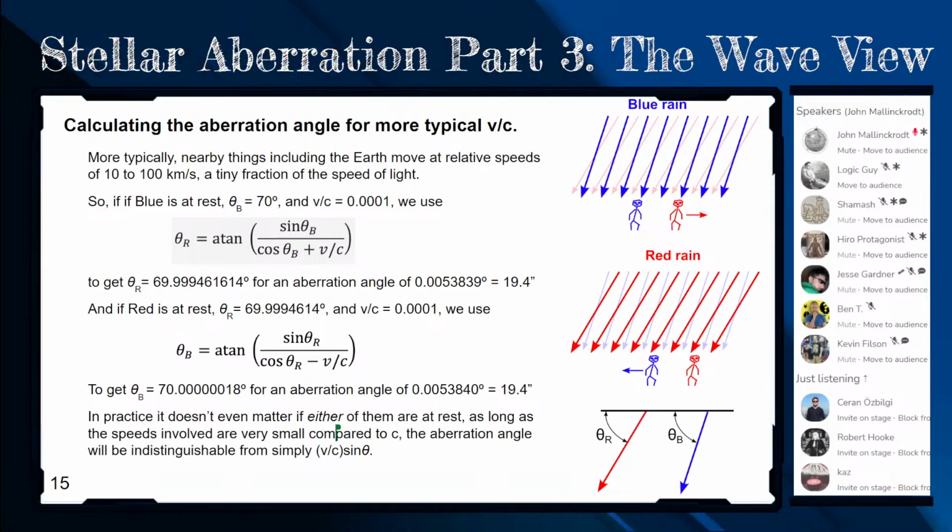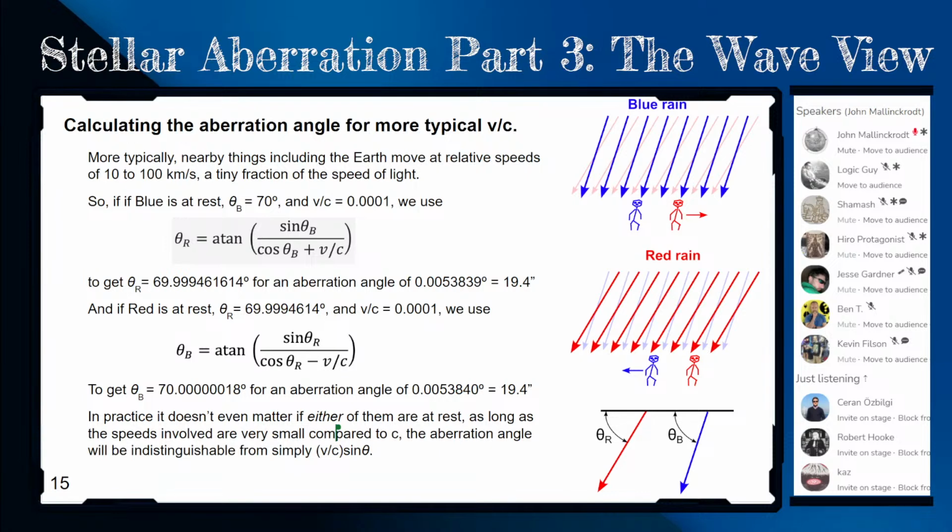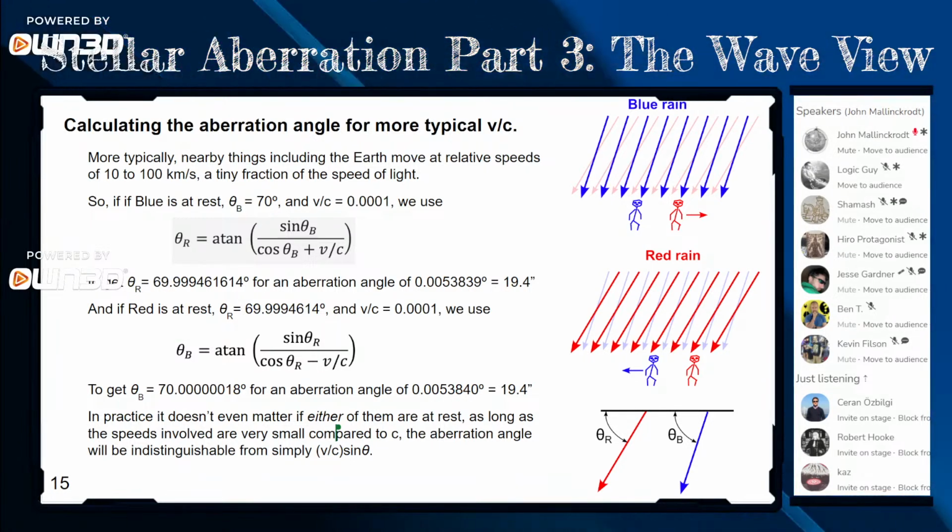I've just kind of blithely put the speed of light in these equations, but even in the 1800s with the wave theory, the speed of light wasn't a number. They just knew that it was so fast that the velocities that normal things move isn't going to make a very noticeable difference in the speed of light.